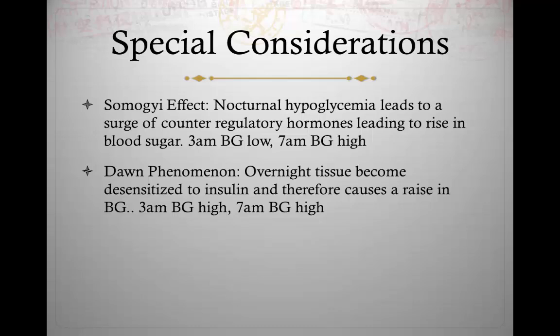Okay, now let's talk about Dawn phenomenon and Somogyi effect before we conclude. Somogyi is basically a rebounding high blood glucose level that responds to a prior hypoglycemic event. So patients normally go to bed.